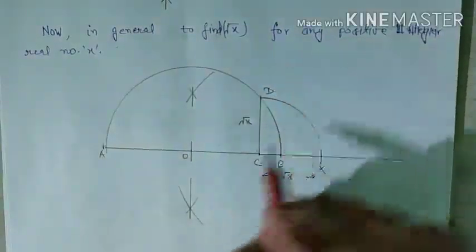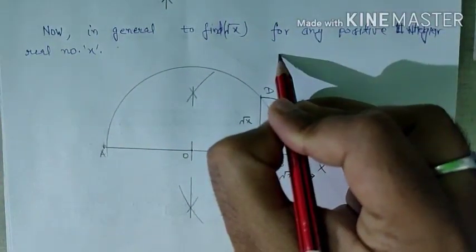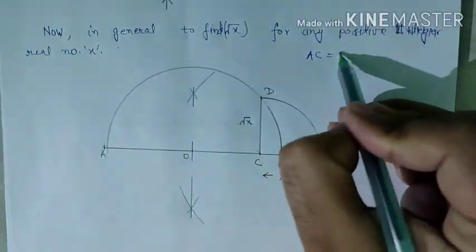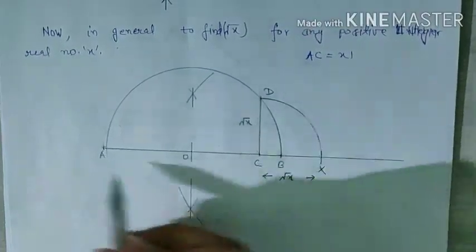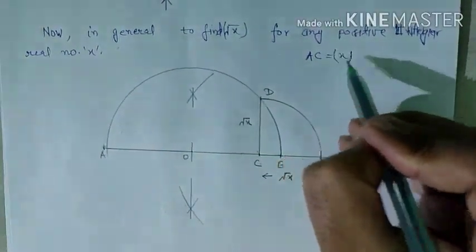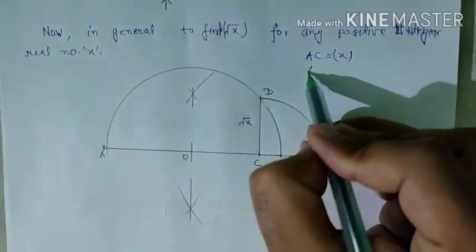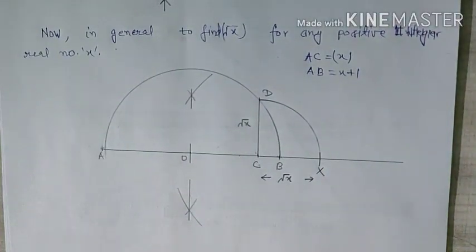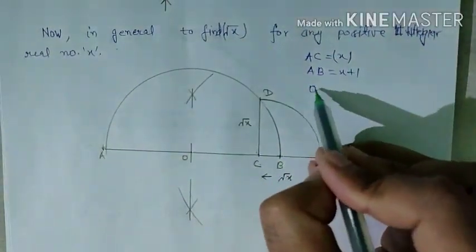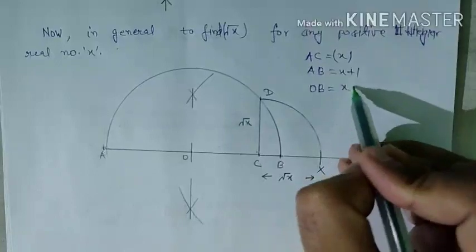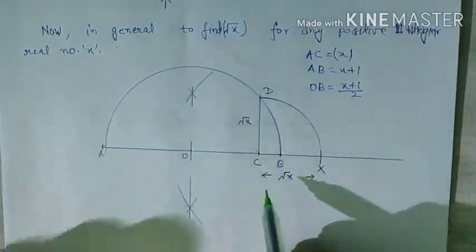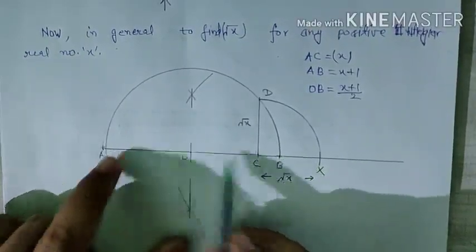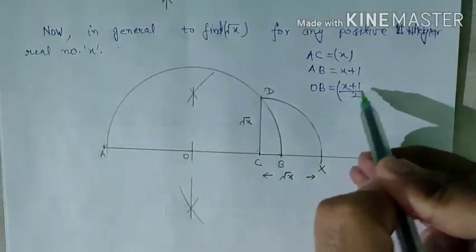This AC is of length x. Now AB is of length x plus 1. So OB will be x plus 1 upon 2, because by using this method we find the midpoint of AB.